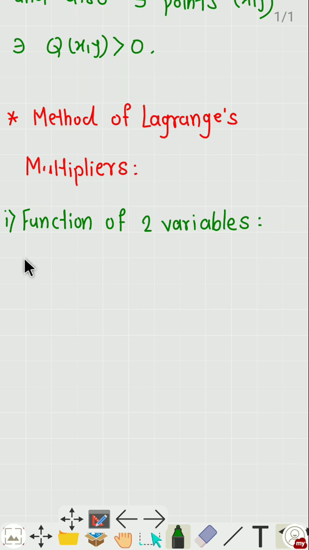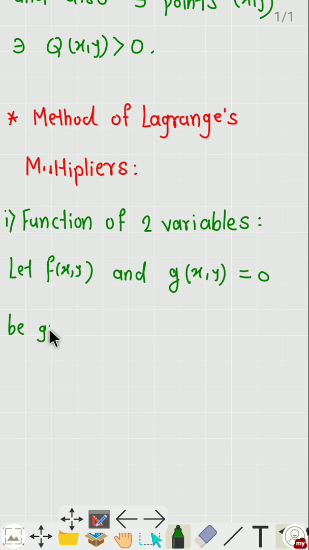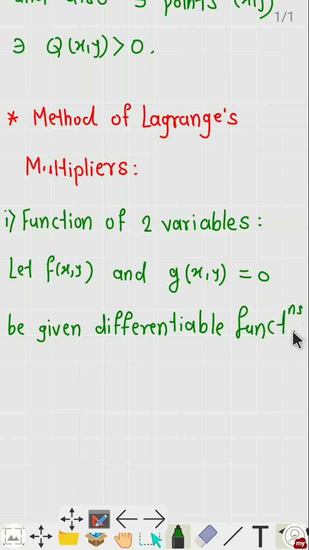Okay, suppose let f of x comma y and g of x comma y is equal to 0 be given, and are differentiable functions.